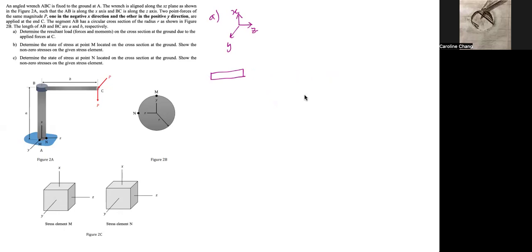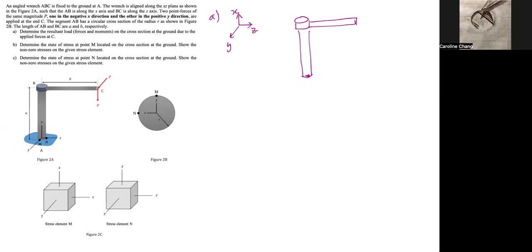So when drawing our free body diagram, we'll first start with point B. So this is our origin, and at the origin, there will be reaction forces, and we will define the reaction forces.